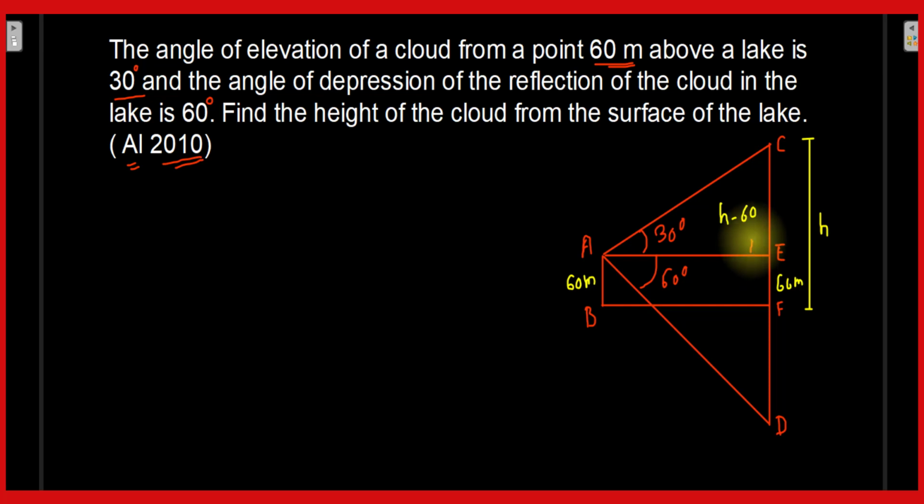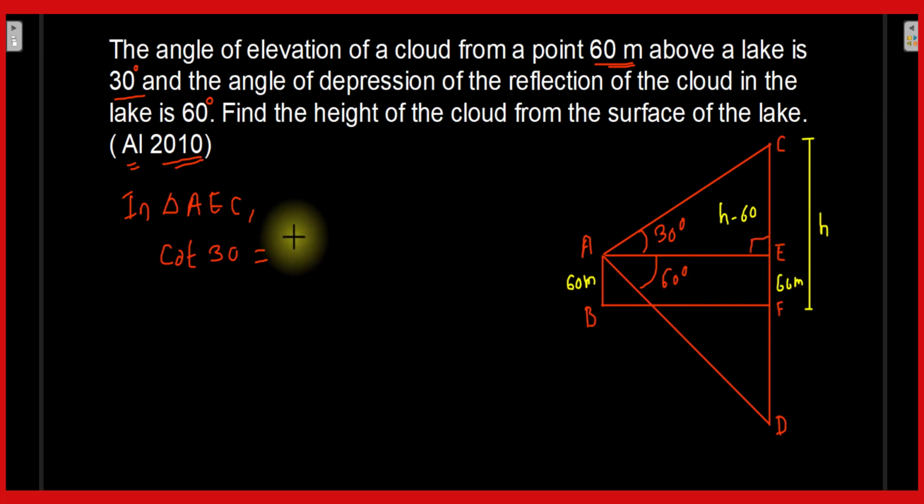This is the right angle, 90 degrees. So in triangle AEC, we can say tan 30, or you may take cot 30, no problem. So cot 30 is equal to adjacent upon opposite. Adjacent is AE upon opposite is H minus 60.